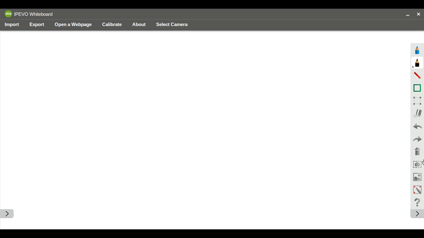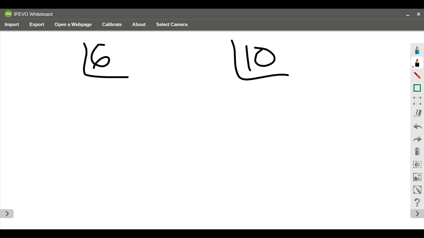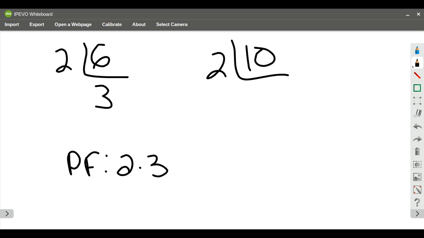The next one that I have is 6 and 10. And again, I'm not really concerned about the practice with the multiples skills. I really want to focus on the prime factorization. On the skill with the prime factorization, I'm just going to find them really quickly. So my prime factorization for 6 is 2 times 3. Prime factorization for 10 is going to be 2 times 5.